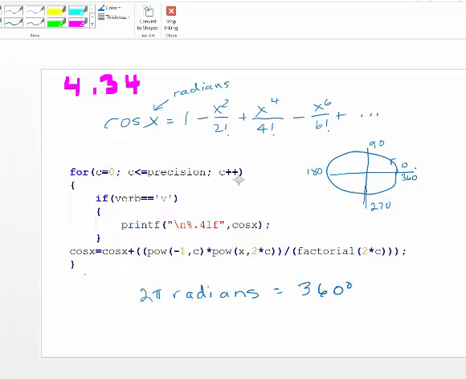This is also 0 radians. This is pi over 2 radians. This is pi radians. This is 3 pi over 2 radians, and this is 2 pi radians right here. So 2 pi radians equals 360 degrees.